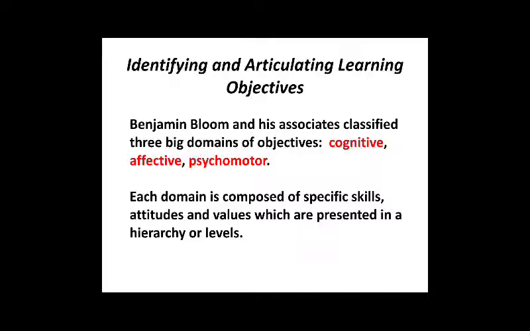Psychomotor, on the other hand, refers to body movements, body coordination. So in these three areas, each of these three domains has its own set of educational objectives. And these educational objectives are classified into categories. And the categories are arranged in a hierarchy, as you will see shortly.